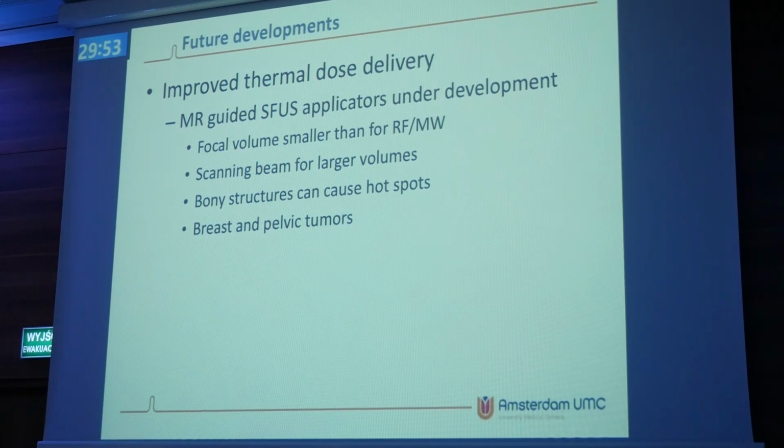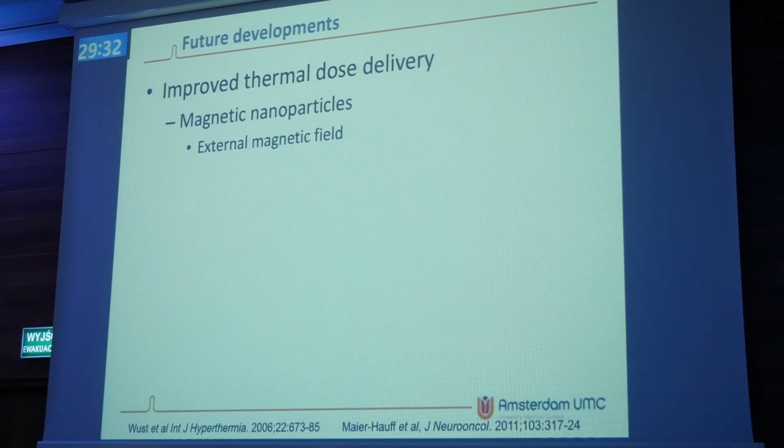But there are some issues there in the sense that a number of anatomical structures can preferentially heat up, and that is limiting the number of locations where you can use this. So for instance, breast would be quite simple by comparison, and some pelvic tumors as well. And in this case, MRI can be used as a thermal monitoring system.